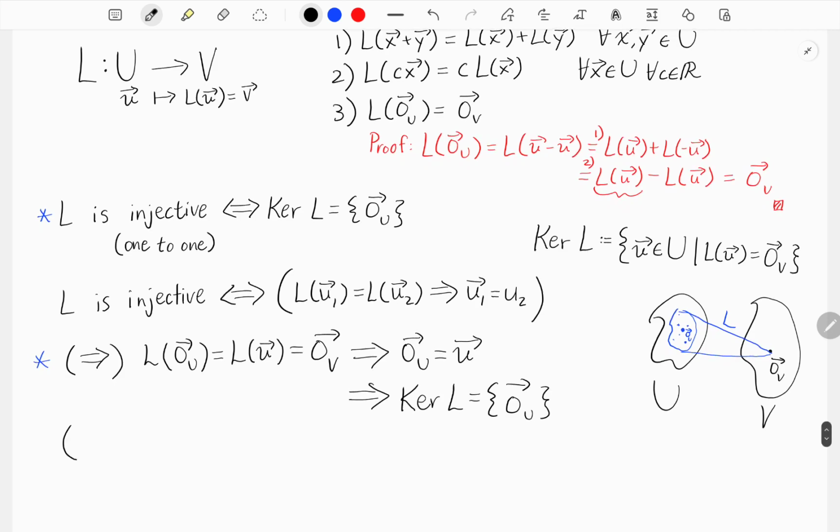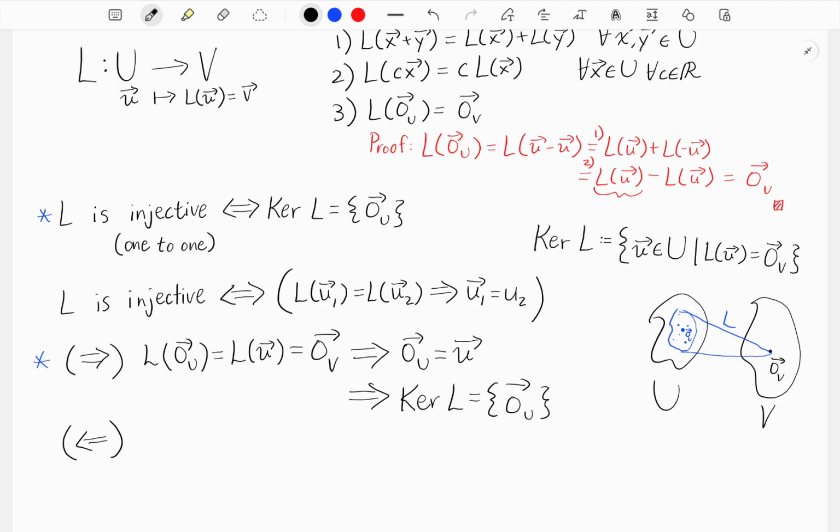So now the backwards direction. The backwards direction states that if the kernel of L is equal to 0u, then L is injective. When the only thing that maps to 0v is 0u, then it is necessarily the case that L is injective. So we'll see why that is true.